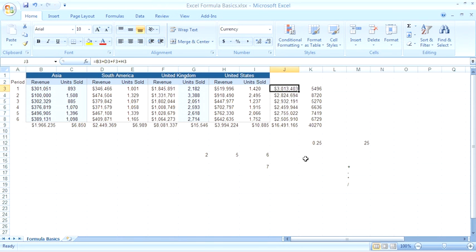In this original formula, I started off with B3 plus D3 plus F3 plus H3. This was my starting point. When I copied this formula down, I basically moved down one row. So all of the cell references here will have moved down one row also. Let's check that out. And it did. Look at the formula bar. It now says B4, D4, F4, and H4.